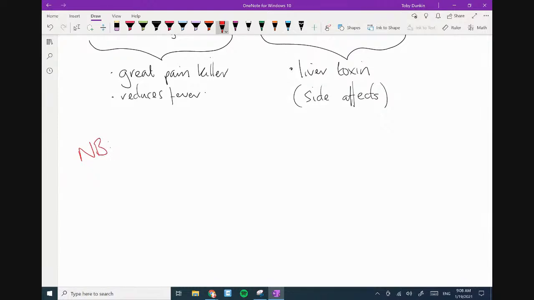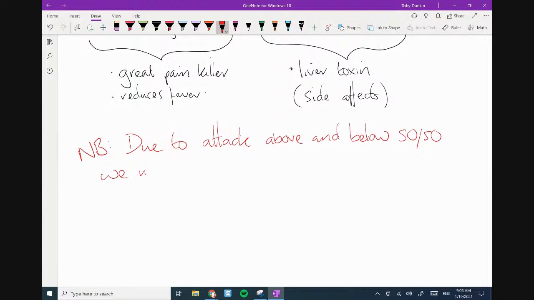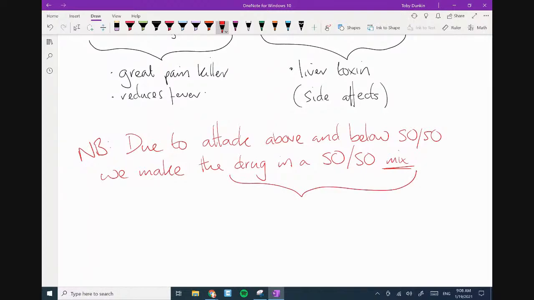Due to attack from above and below, 50-50, we make the drug in a 50-50 mix.